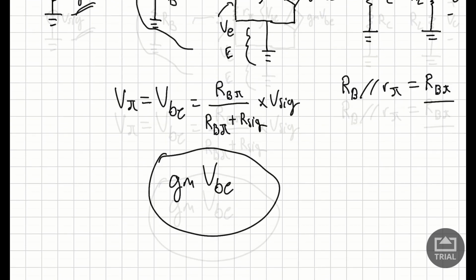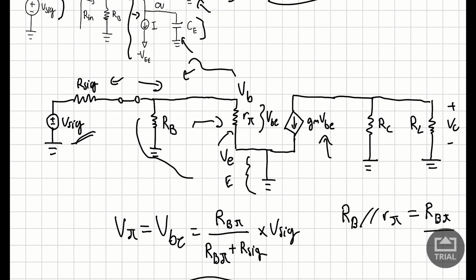So now that we have calculated this dependent current source, we know that that current is also flowing right here, GM VBE.